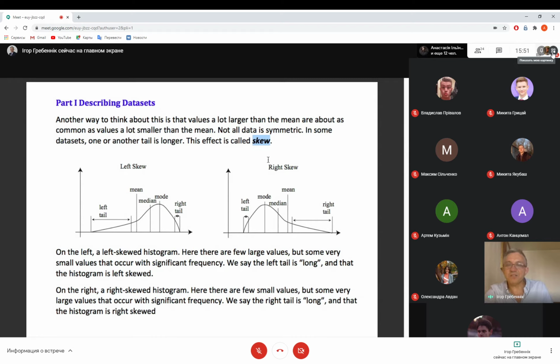And the right skew histogram has such a shape. It is important when we analyze a data set to consider the symmetry of the histogram.